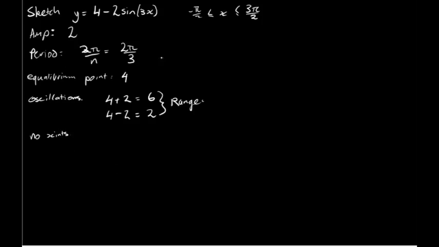Now, from our period, we've got 2 pi on 3, and we know that we're oscillating between minus pi on 2 and 3 pi on 2.